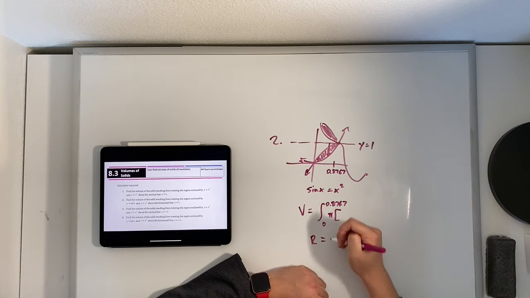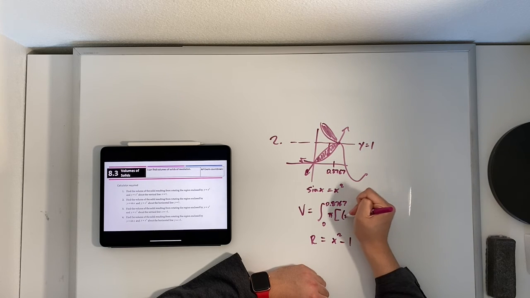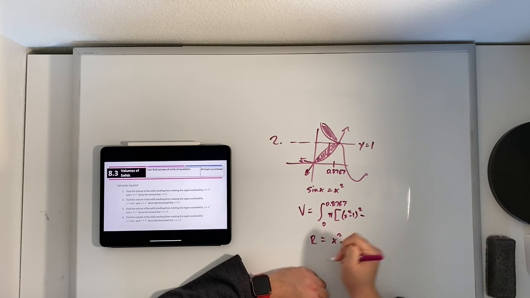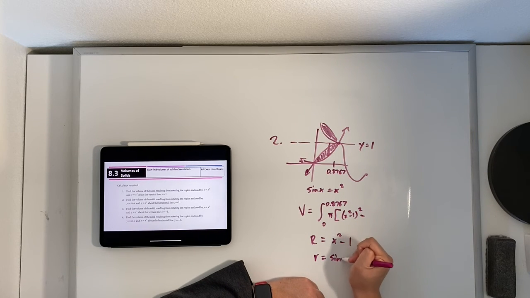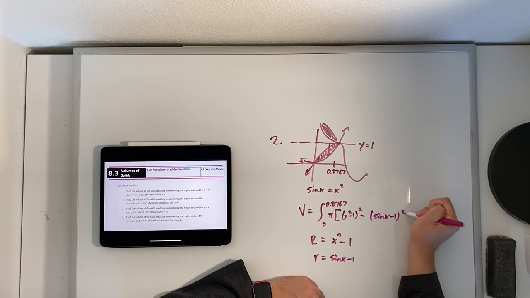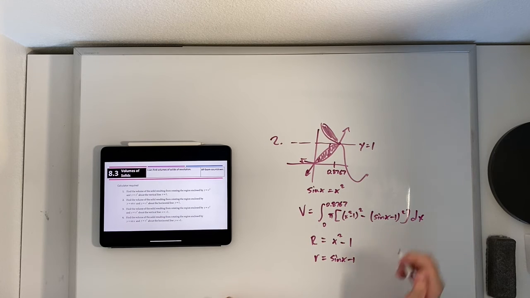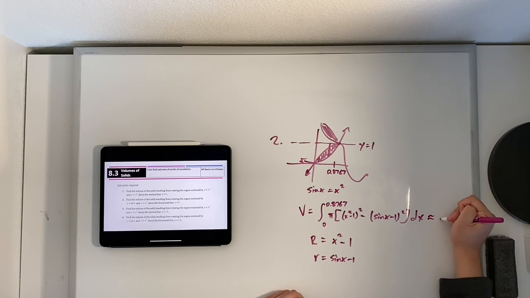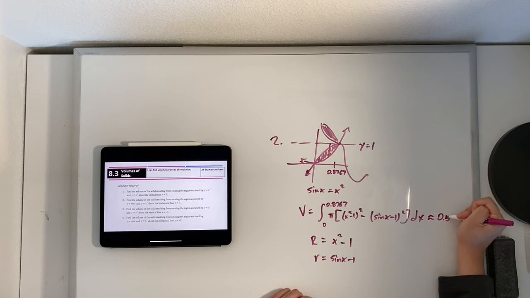It is x squared. So function minus the axis of revolution. And little r is the closer function, which is sine of x, minus the axis of revolution, dx. Plug this into a calculator, and you should get approximately, I did this before, 0.573.